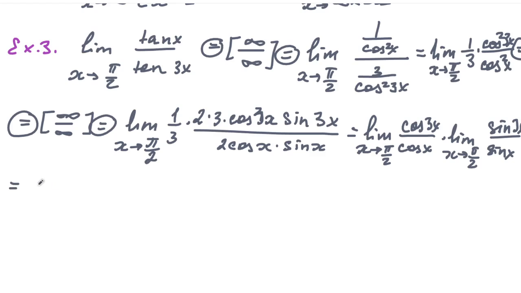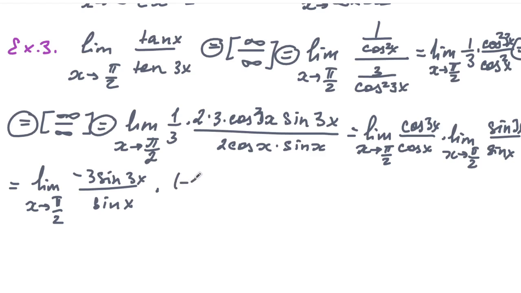We have, using the rule of L'Hopital again, minus 3 sine of 3x over sine of x in the first limit. In the second limit we have minus 1 over 1.